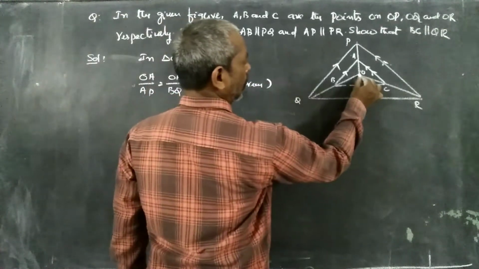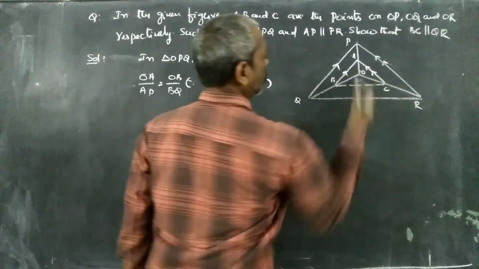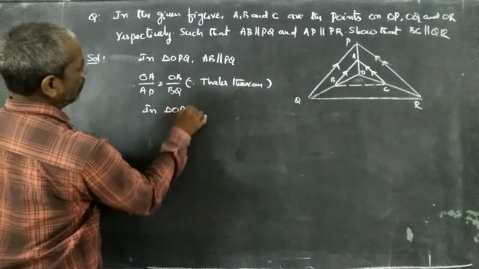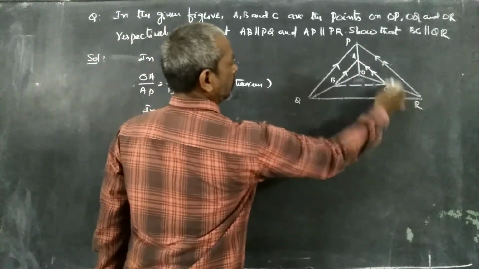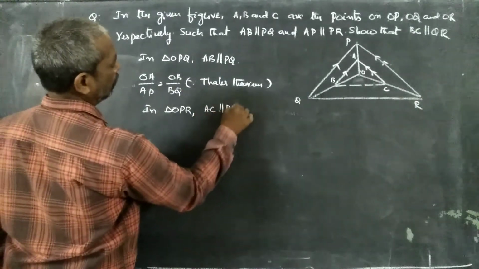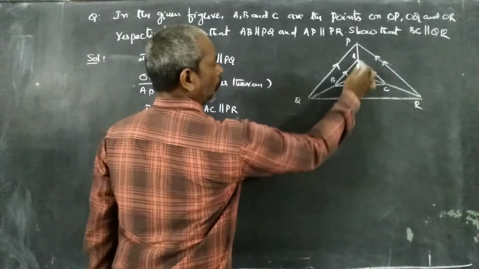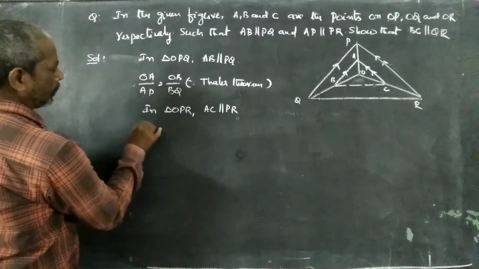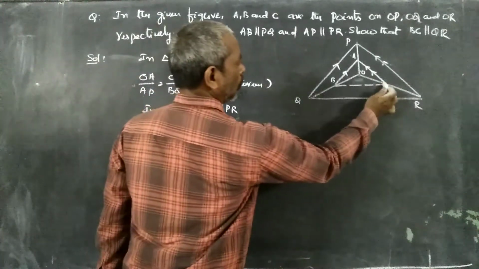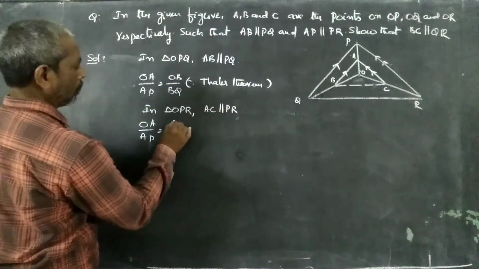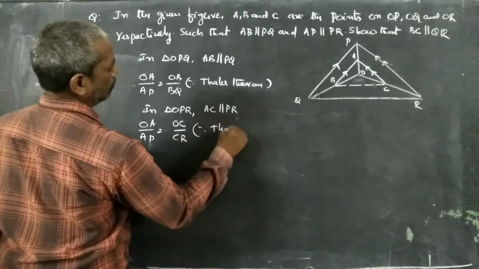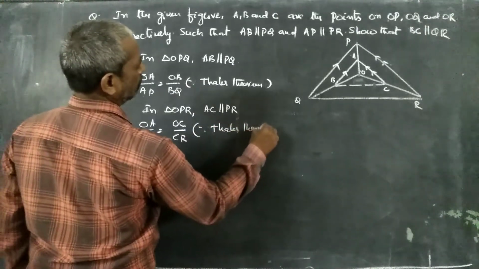Similarly, in triangle OPR, AC is parallel to PR. Therefore, OA by AP is equal to OC by CR, since Thales theorem.